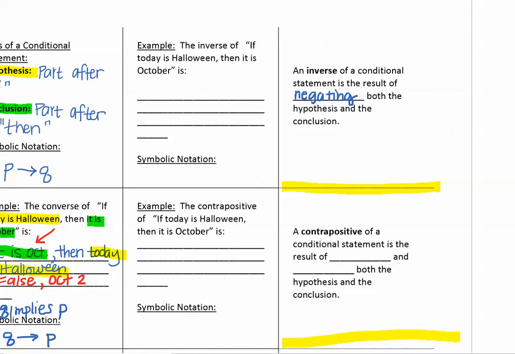So for example, if today is Halloween, then it is October, would be rewritten for the inverse as: if today is not Halloween, then it is not October. Okay, so you see for both the hypothesis and the conclusion, we negated it.